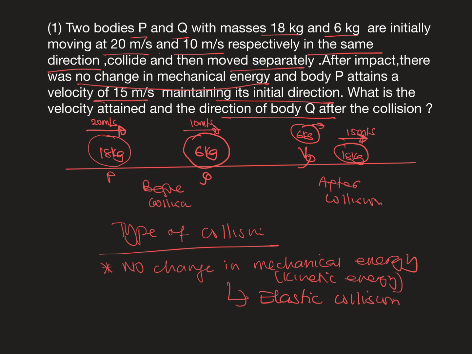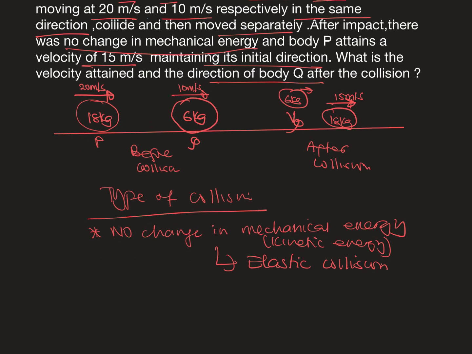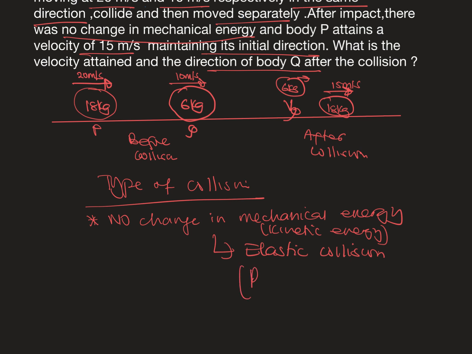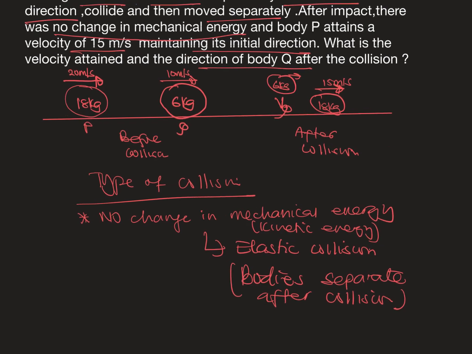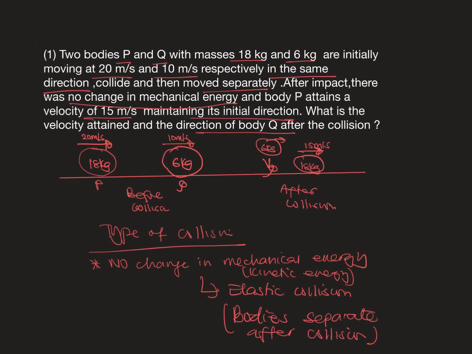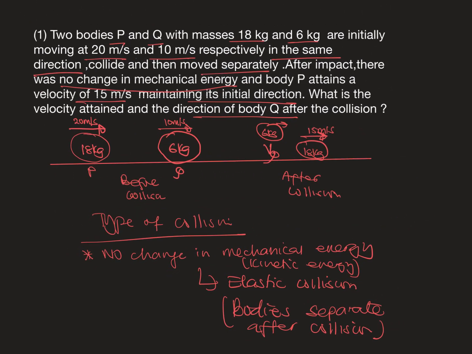And for a perfectly elastic collision, we know that the bodies separate after collision. So at least the question gave us an idea. All right. If there is no change in mechanical energy, it means the total kinetic energy before collision is equal to total kinetic energy after collision for an elastic collision.